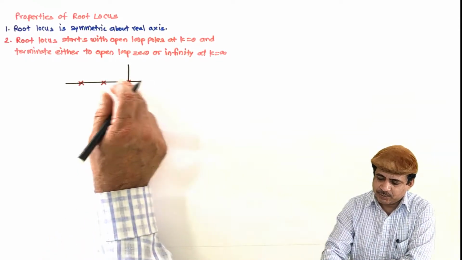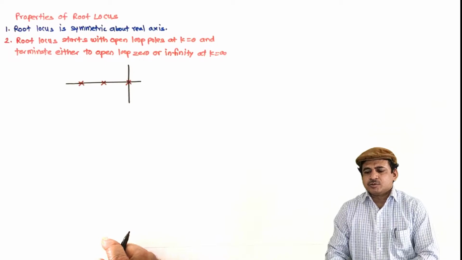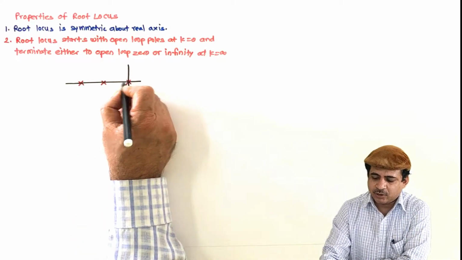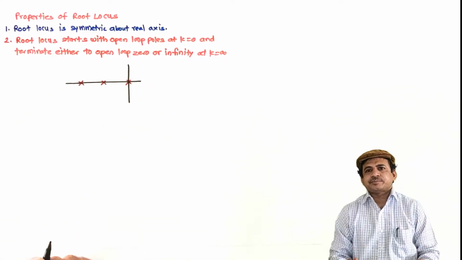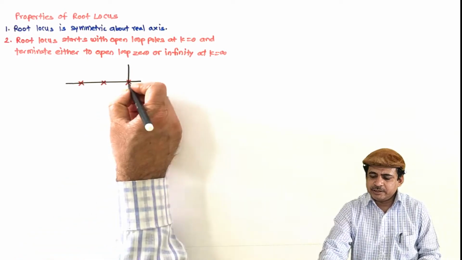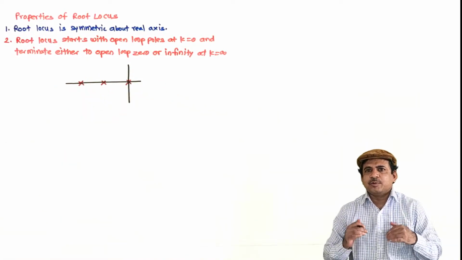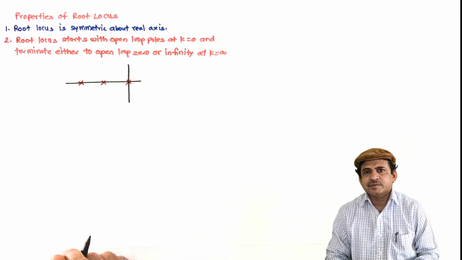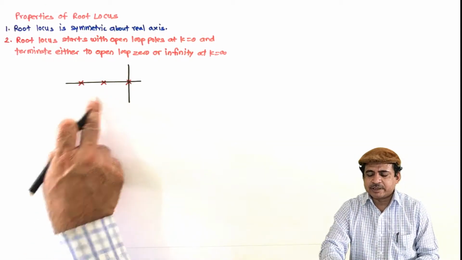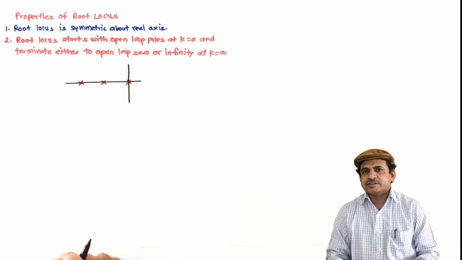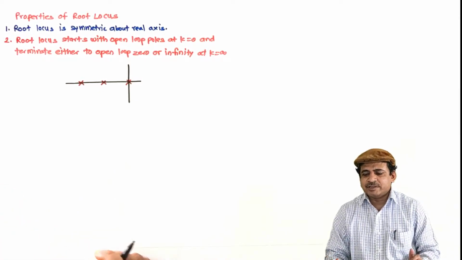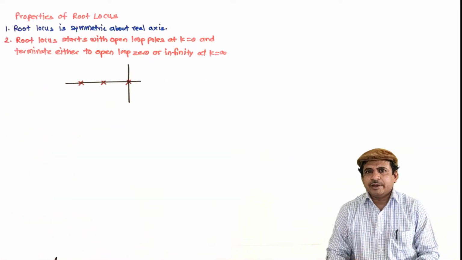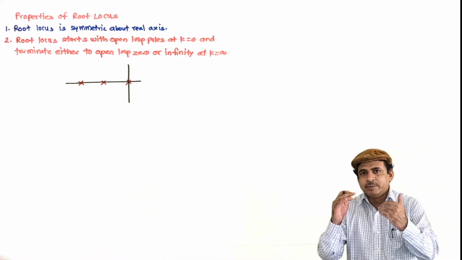So, as it starts from the open loop poles, as gain k changes, all the 3 poles will start moving. Now, these 3 poles will move either to open loop zeros or to infinity when k becomes infinity. In this particular case, there is no open loop zero. The system has no open loop zero.